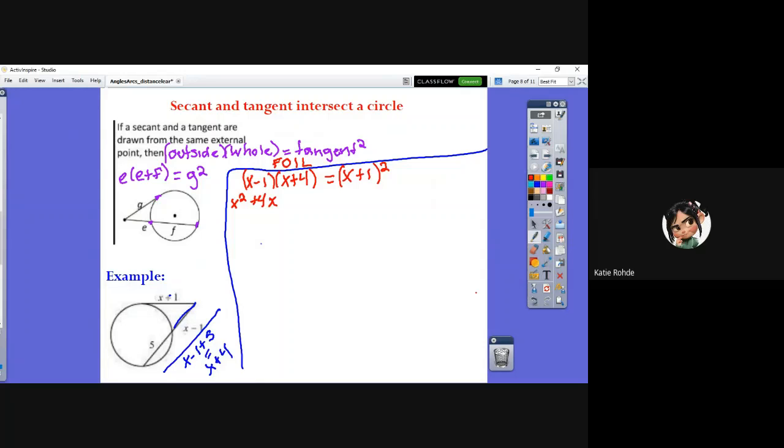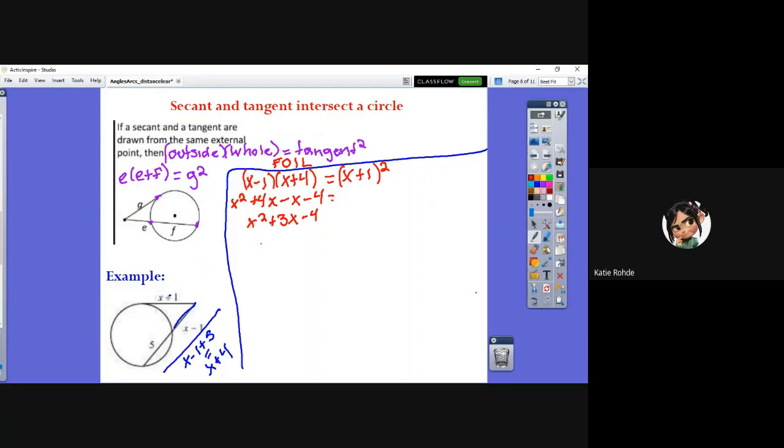Our inner terms, which is negative 1 times x, which is negative x. And then our last terms, negative 1 times positive 4 is negative 4. Then you combine your two middle terms. We have x squared plus 3x minus 4.